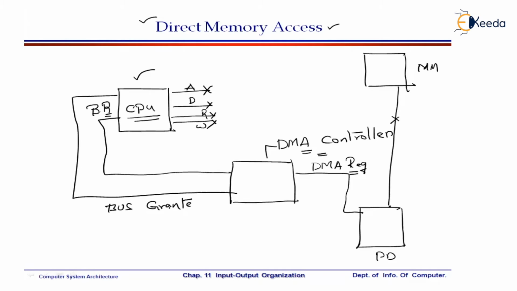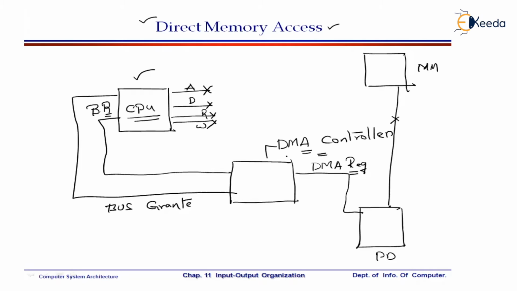Bus grant. That is nothing but: I've granted the buses. I'm not using these buses. I put my bus system in the tri-state. Now, Mr. DMA controller, you can control this transfer and you can have the transfer done. That is the reply from the CPU.